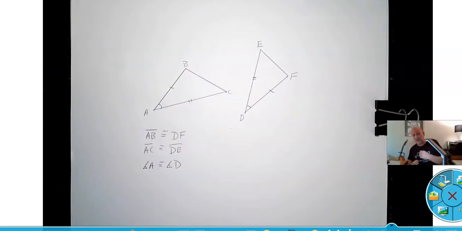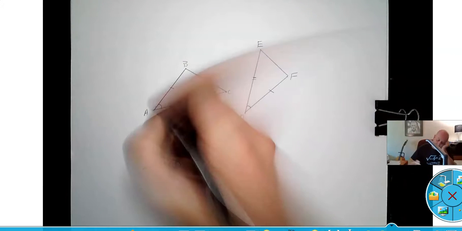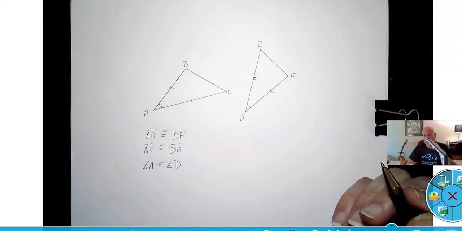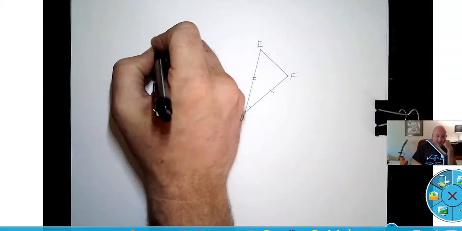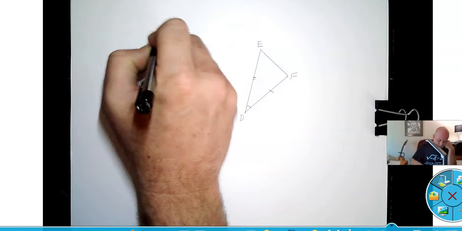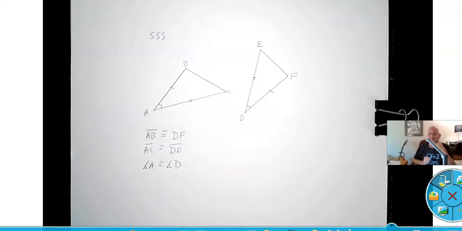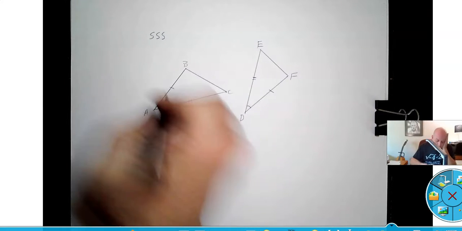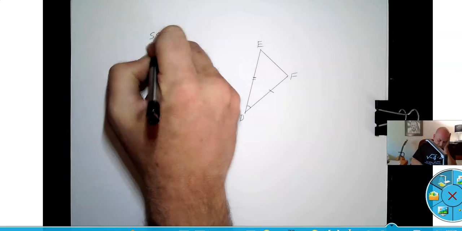Okay, so notice we have two sides and an angle. So we have two congruence criteria that we've worked on so far. We have seen side, side, side, and that can't be the case this time because we don't have three sides that we know are congruent yet. And then we have side, angle, side.